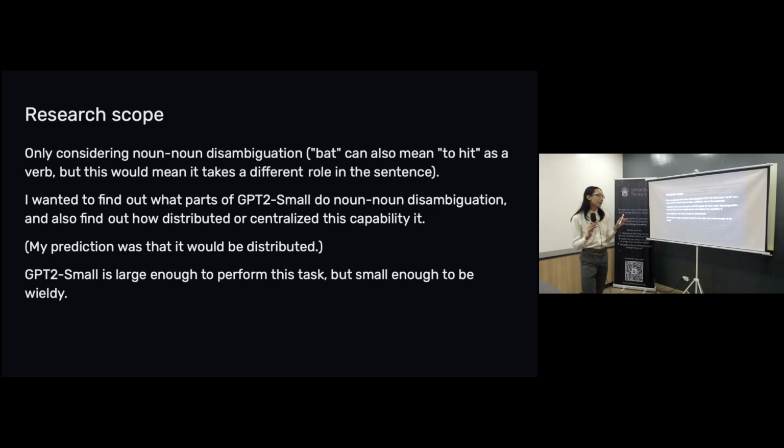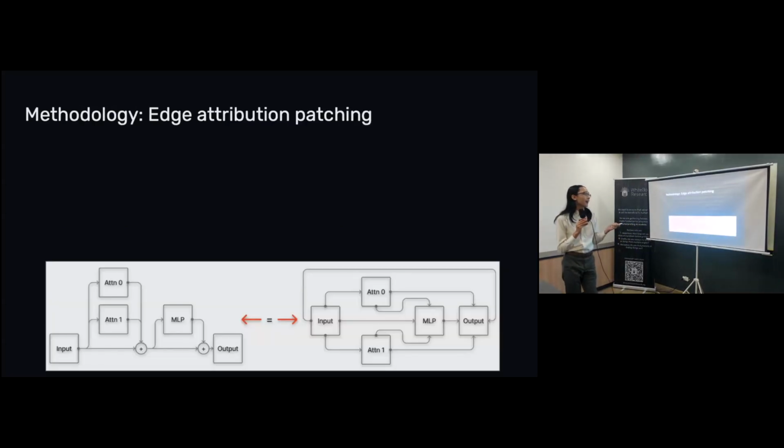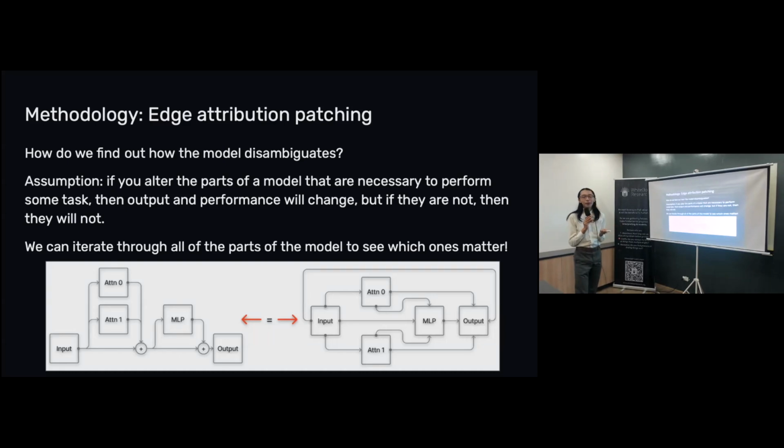It can't just be a toy model, but it's also small enough to be wieldy, right? This is my first time doing any sort of serious research, and I didn't want to use a very big model that will take a lot of compute and too much time to analyze. So here, I'm going to use edge attribution patching for it.